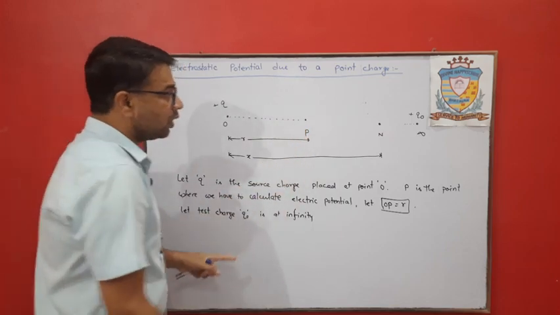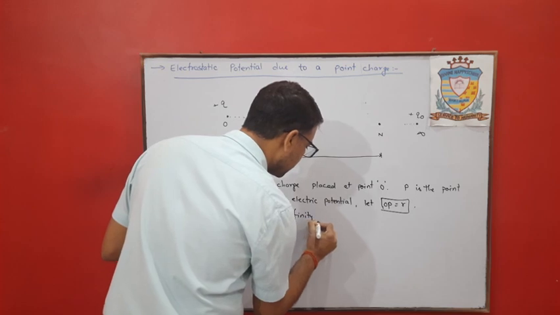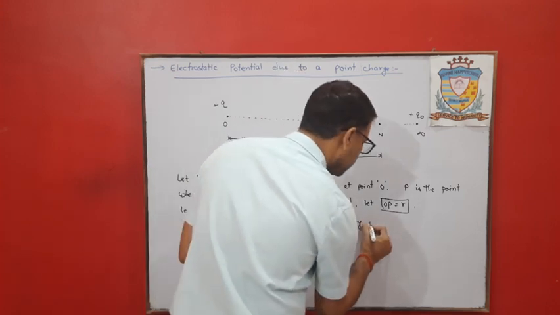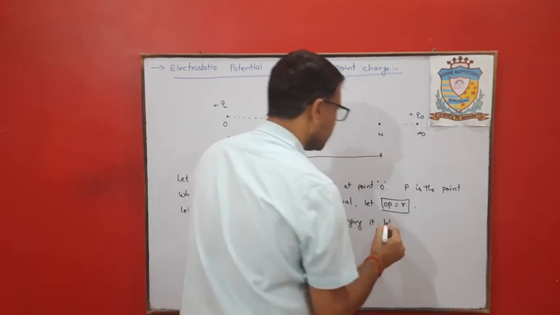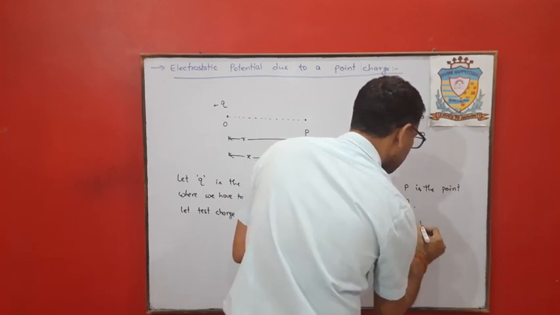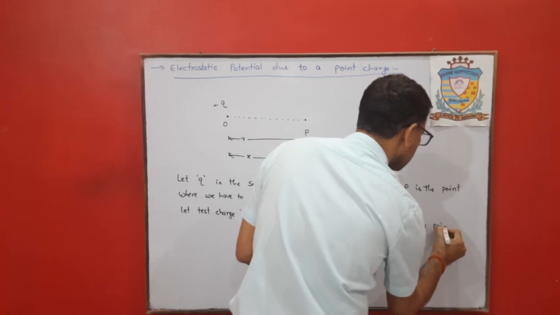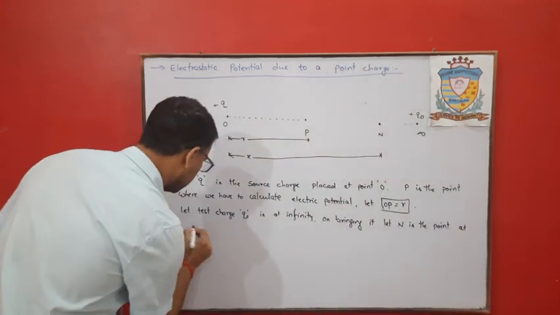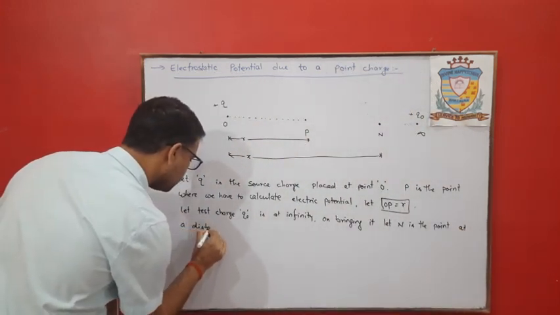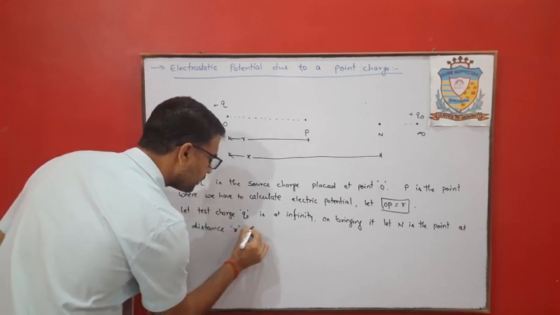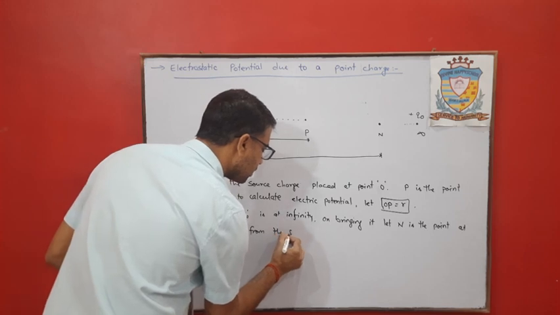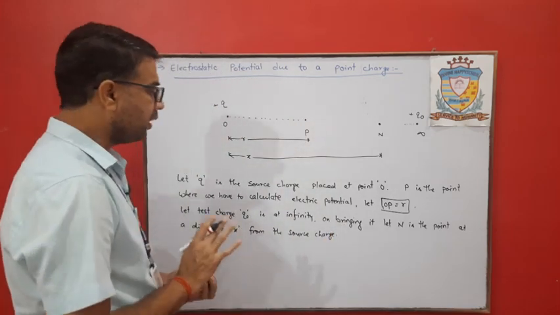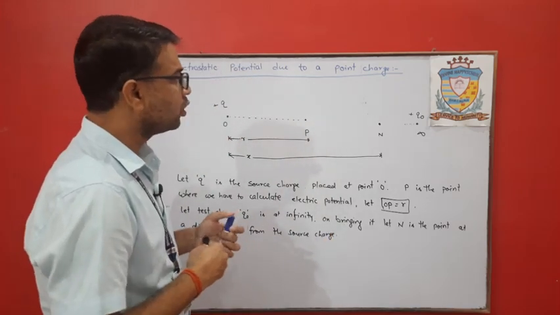So Q naught is at infinity, and on bringing it, let N be the point at a distance x from the source charge. Clear? Now we will calculate the numerical value.